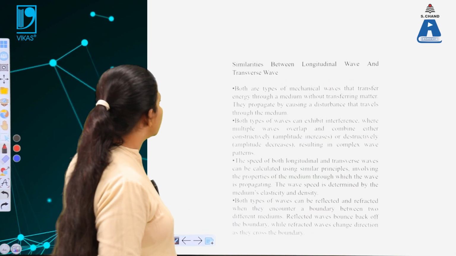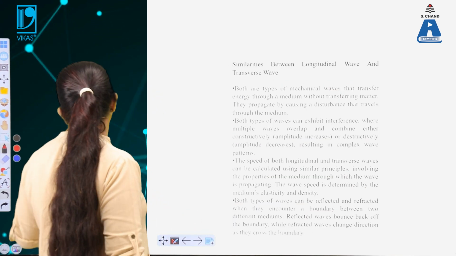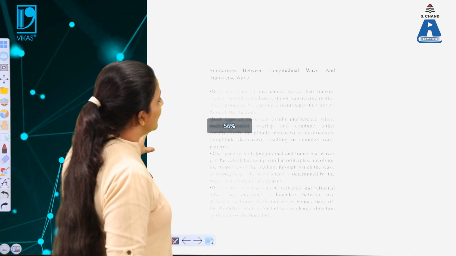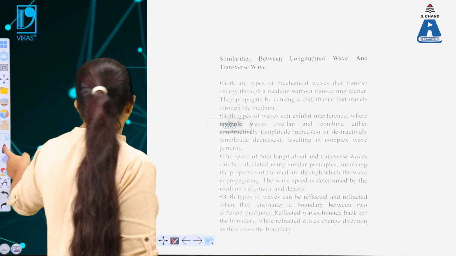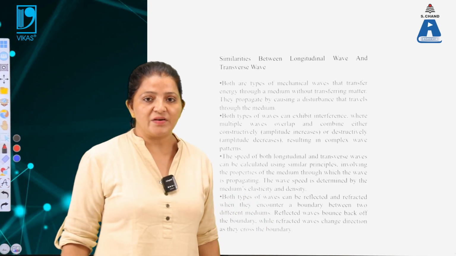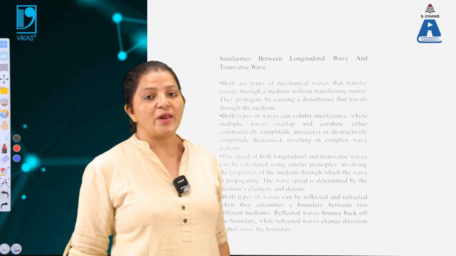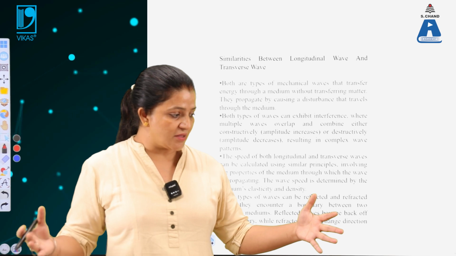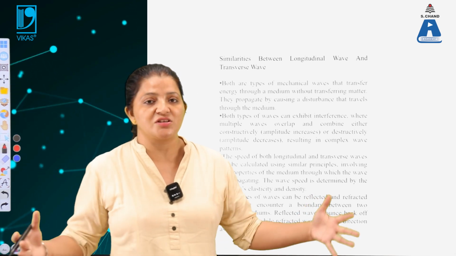Now next: what are the similarities between longitudinal waves and transverse waves? How are these two waves similar to each other? The first point is that both are mechanical waves, because we have to apply some external force from outside. For the spring, we either have to compress the spring or stretch the spring.